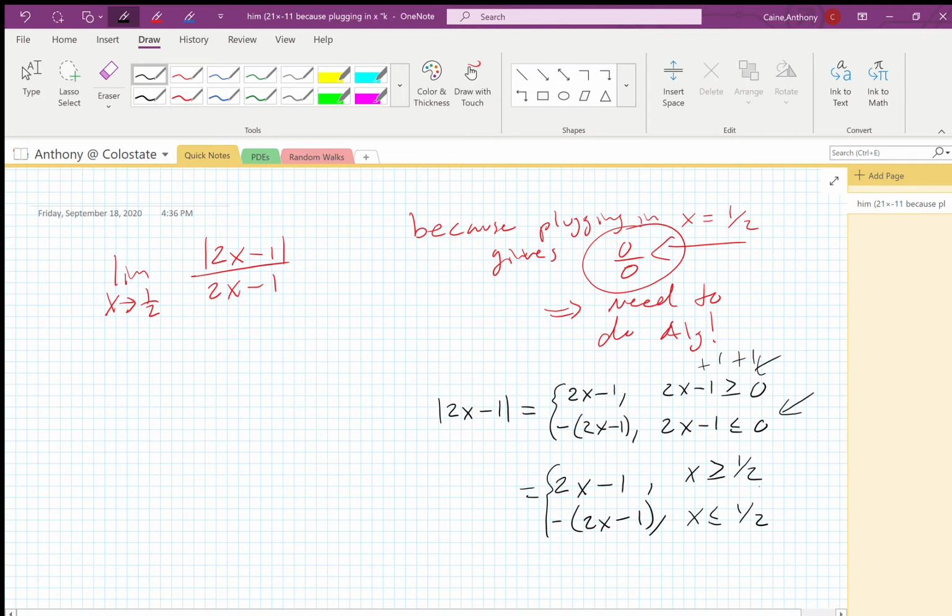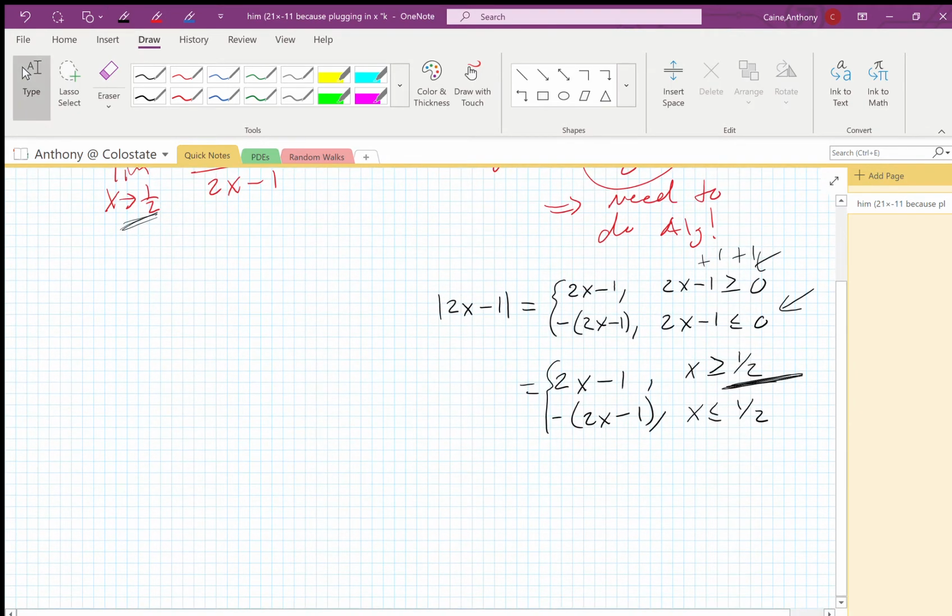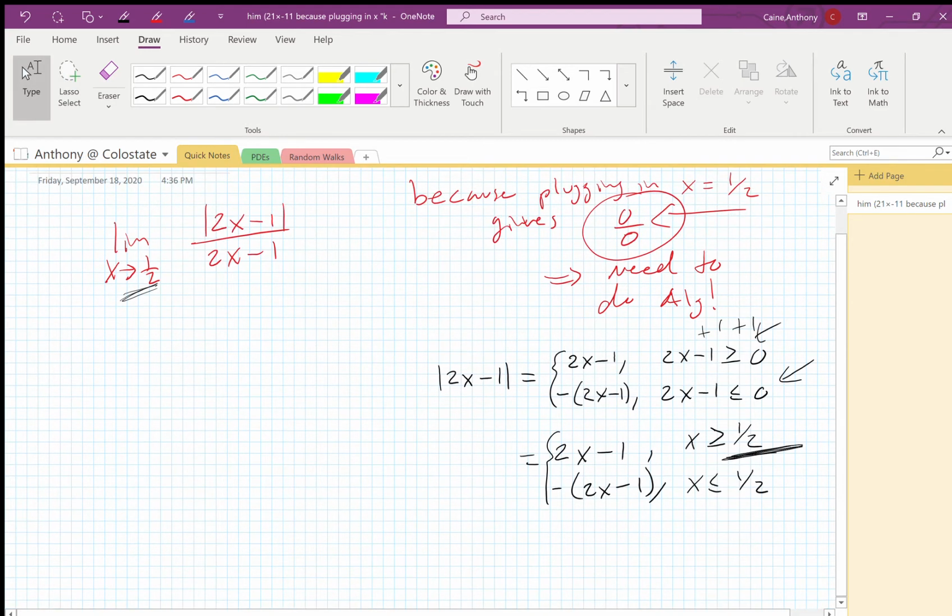And it's not a coincidence that this number, 1/2, in fact matches where x is going. What I need to do, because this limit does not specify left or right, is check both.